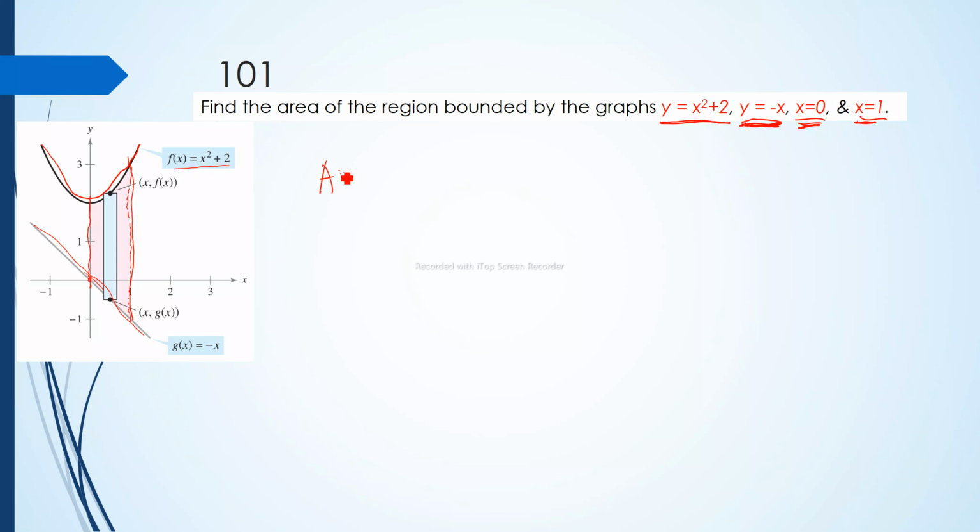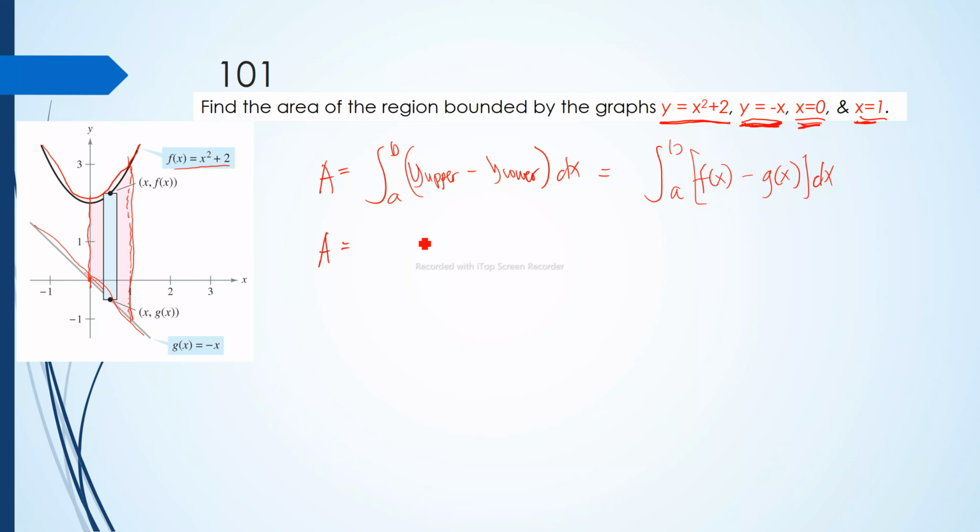Again, that is just equal to the integral of y upper minus y lower dx from A to B. Or if you look closely, y upper is represented by f of x, and y lower is represented by g of x, dx from A to B. So the area bounded by this curve is just equal to the integral.